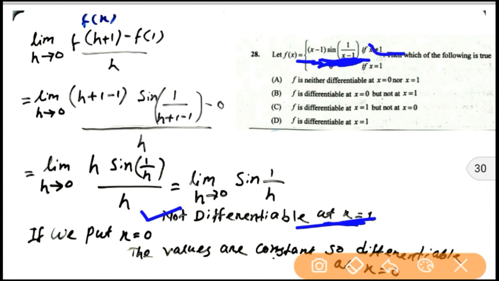That means we have a constant value. So if we put x equal to 0, the value is constant, so it is differentiable. So the function is differentiable at 0 but not differentiable at 1. That is, option B is the correct answer. It is differentiable at x equal to 0 but not at x equal to 1.